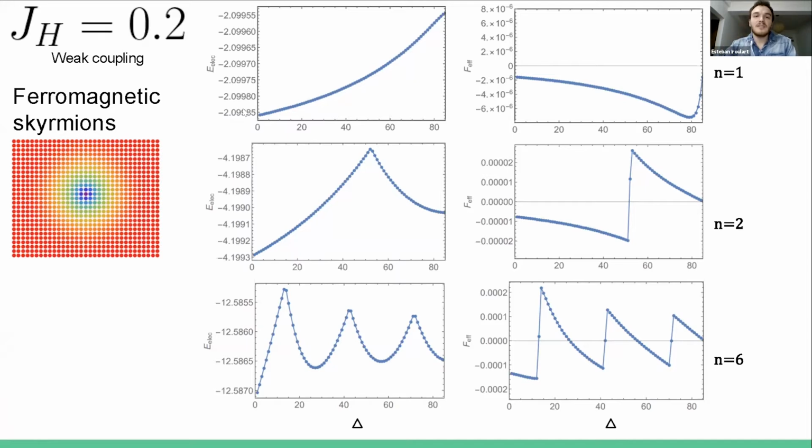I was saying that we show here the results of the electronic ground state energy and the effective force as a function of the distance delta for different fillings. We note here that there is a minimum at delta equals 0. That means that when there is one electron coupled, the skyrmions tend to be next to each other. But if we increase the filling, we see that there are local minima in the energy.